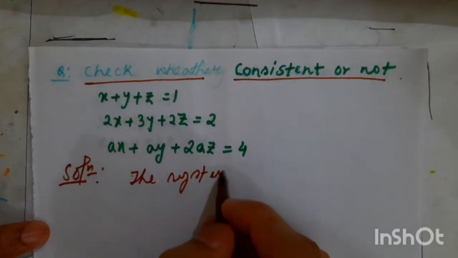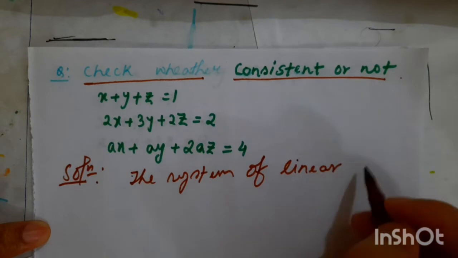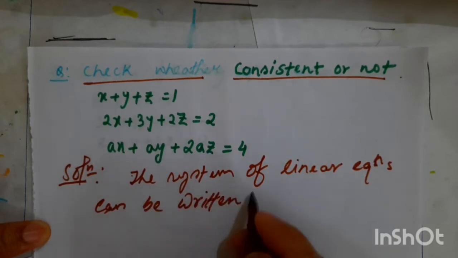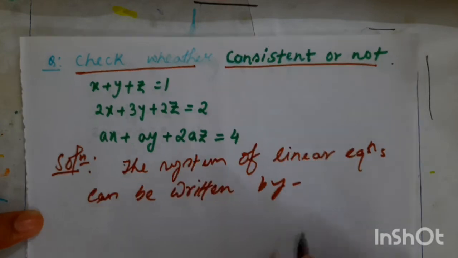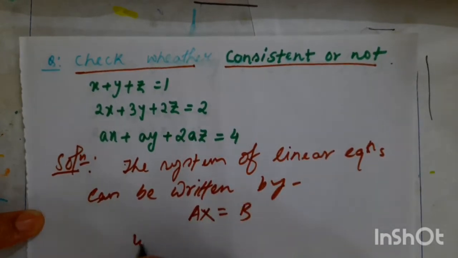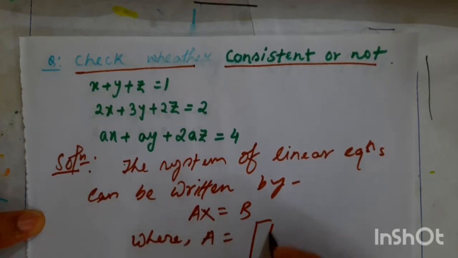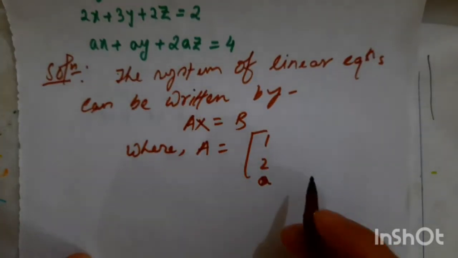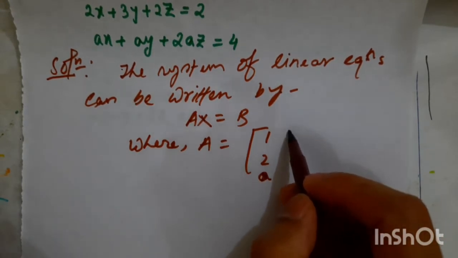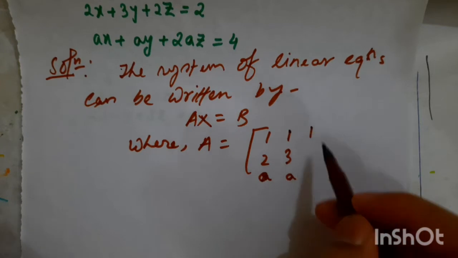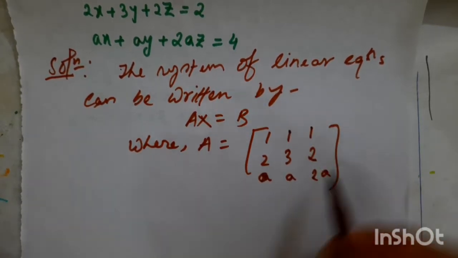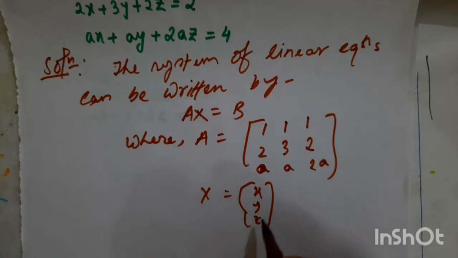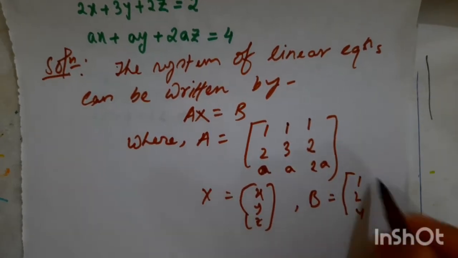This system of linear equations can be written as AX equal to B, where A equal to the matrix with rows 1 1 1, 2 3 2, a a 2, X equal to x, y, z, and B equal to 1, 2, 4.